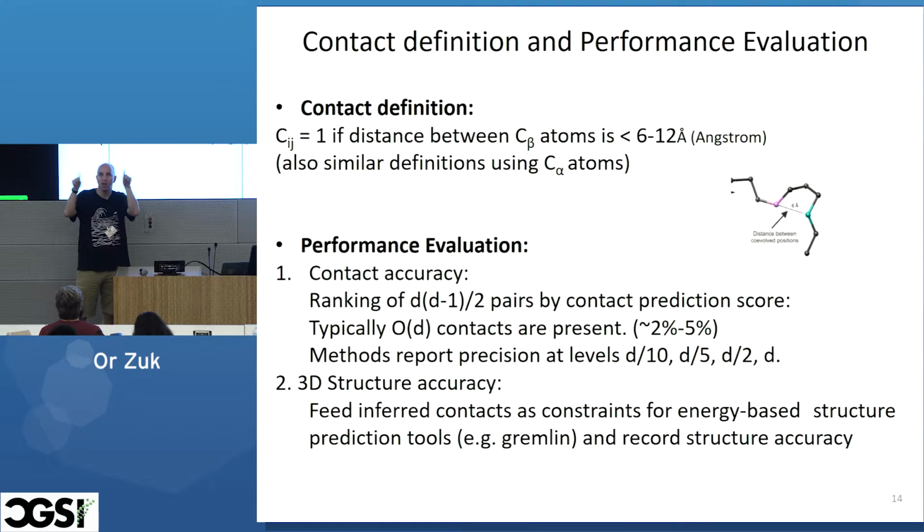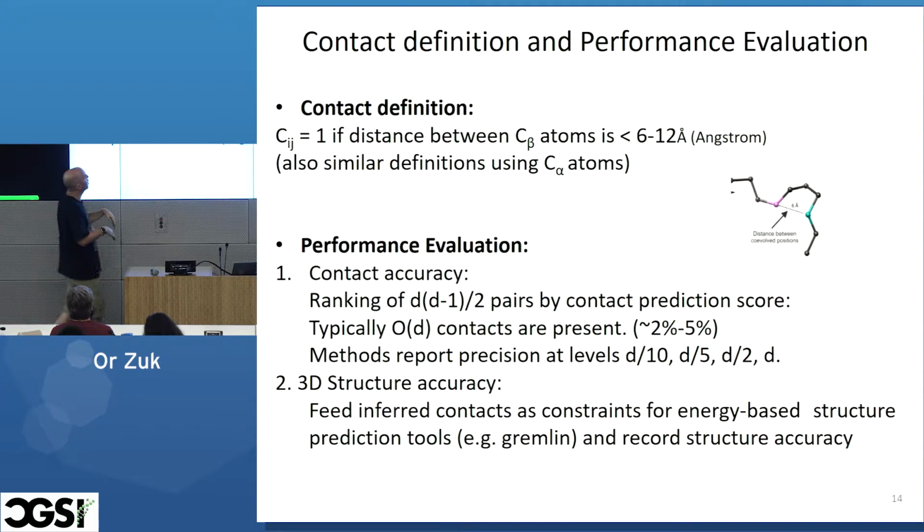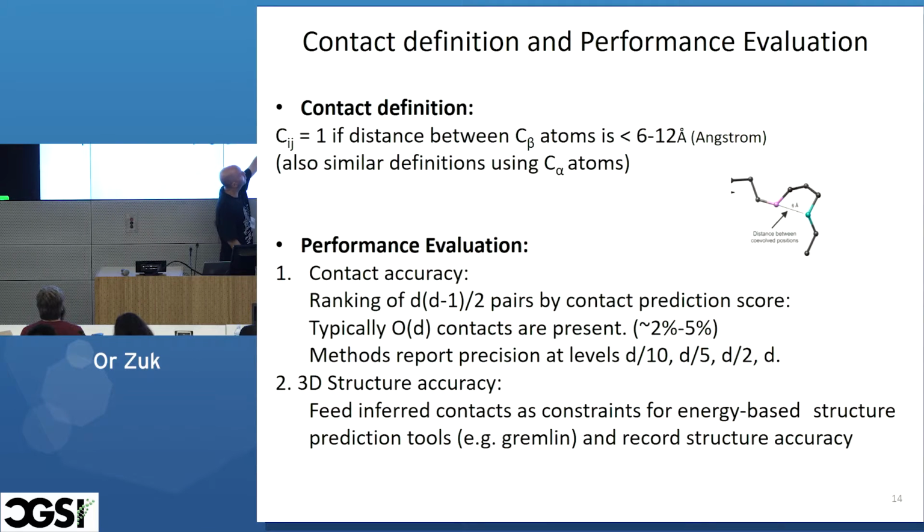If you have D choose 2 possible contacts in a protein, most of them are not present. The number of actual contacts grows only linearly with sequence length. So usually what people in the field look at are the top D or D over 5 or D over 10 contacts out of the D squared over 2.